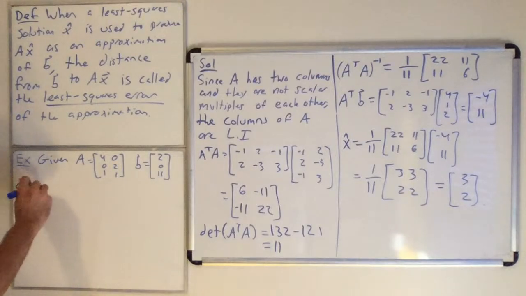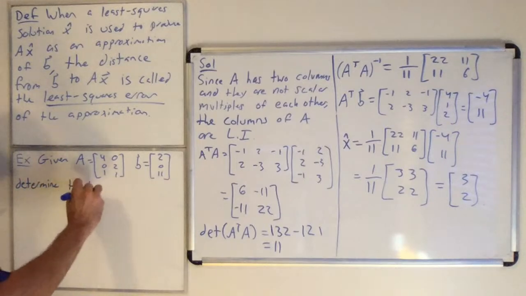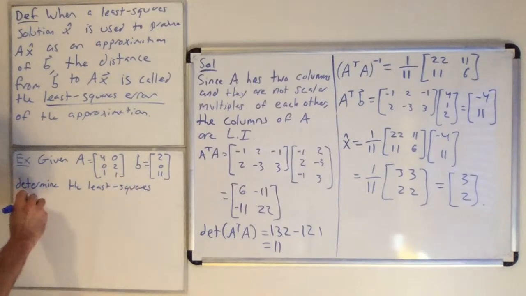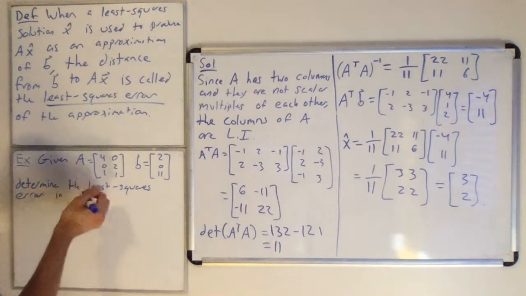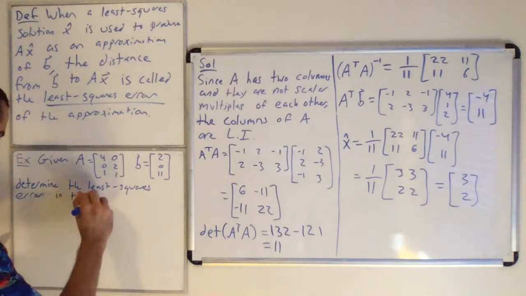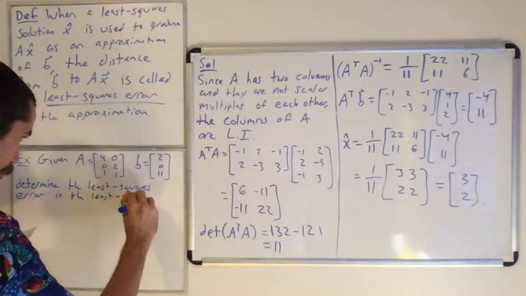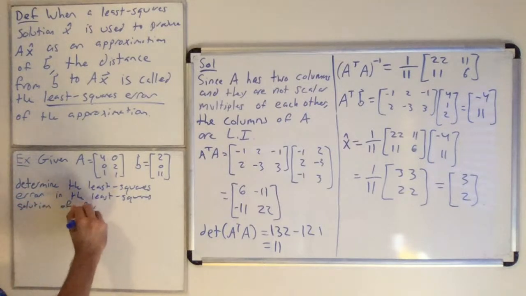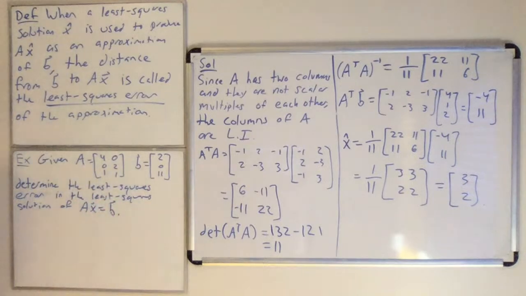Determine the least squares error in the least squares solution of AX equals B. Okay, and just recall, you could look back in your notes yesterday, that we found x hat to be the vector 1, 2.